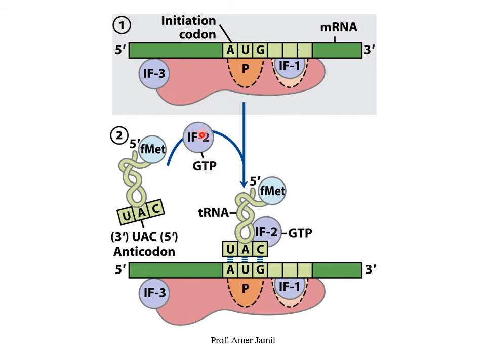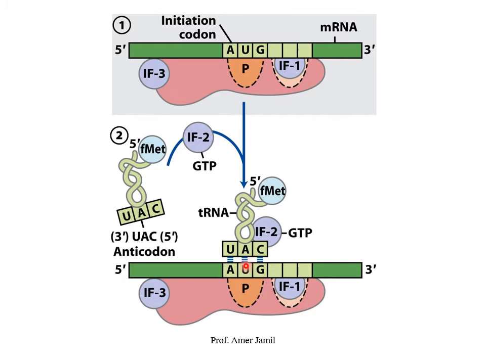Then comes initiating factor 2 along with GTP. Translation is an expensive process. Making a peptide bond requires quite a good amount of energy. So this GTP is attached, and this brings the first transfer RNA along with F-methionine, with the anticodon corresponding to the codon AUG.